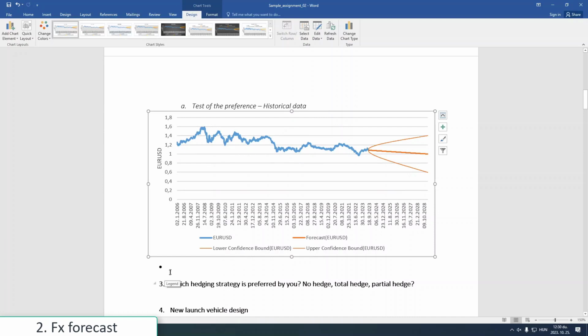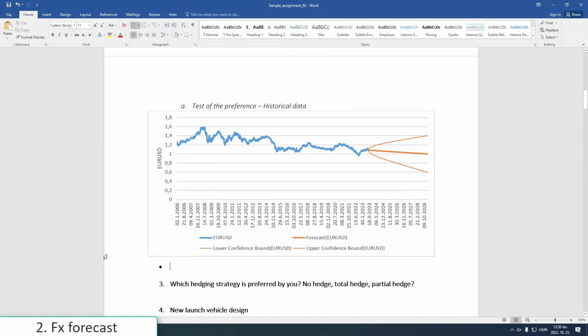So, test preference historical data, and we can see here that if it goes up, it means there is euro appreciation. If it goes down, it means euro depreciation. So, historical trend, we did not fit in the trend line.